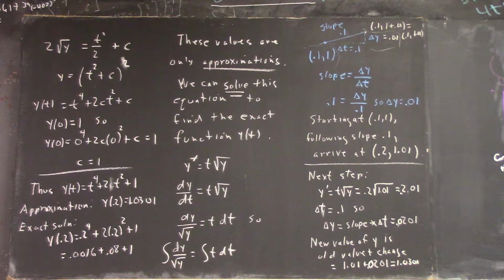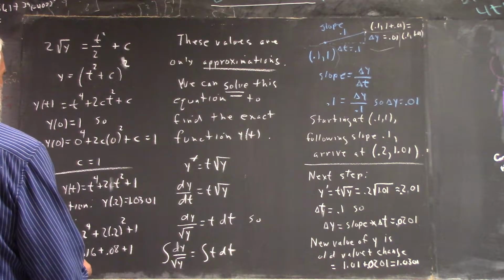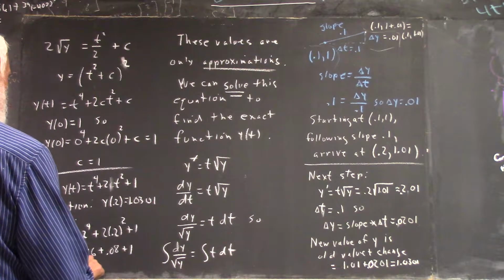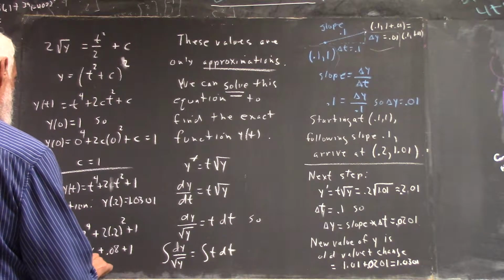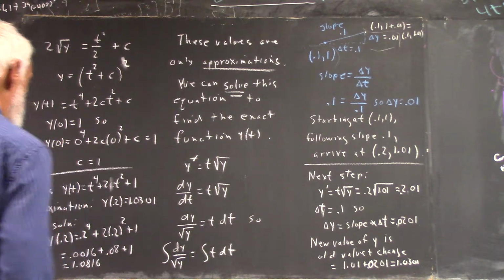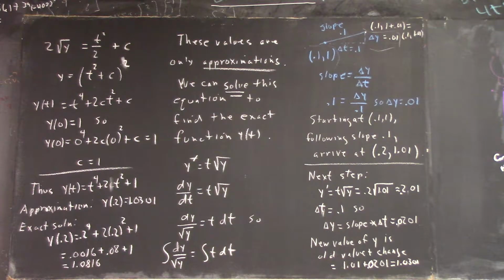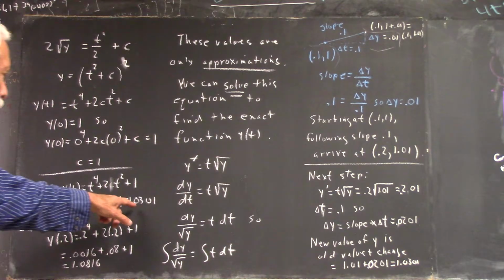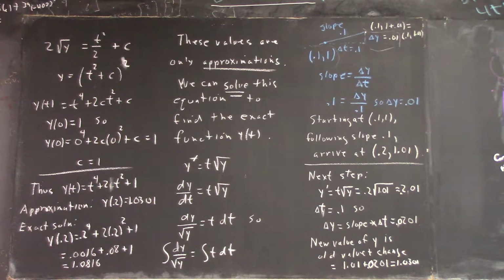Okay? 0.0016 plus 0.08 plus 1. Should be closer than that, so I suspect I might have done something wrong, although that almost never happens. We get 1.0816. We shouldn't be that far off.